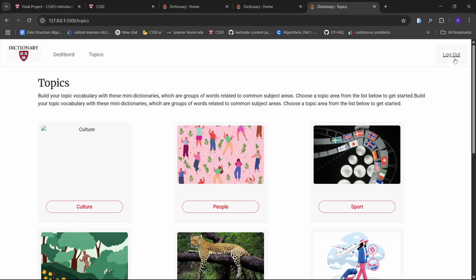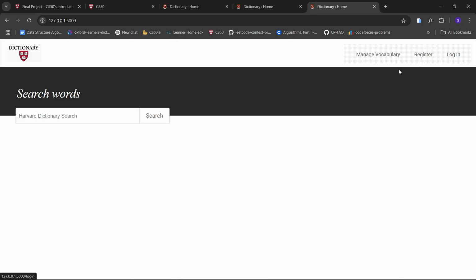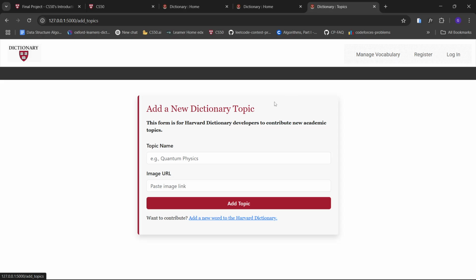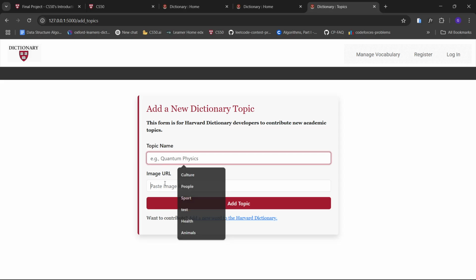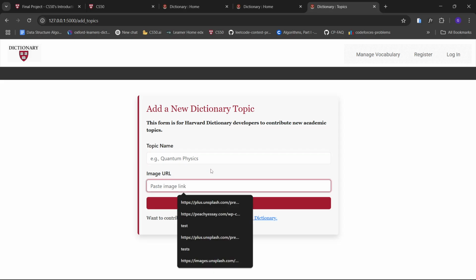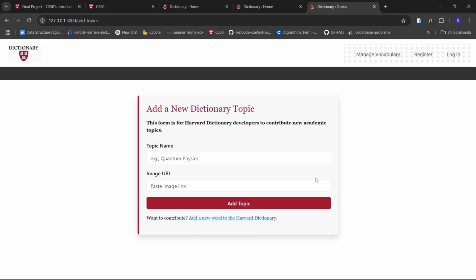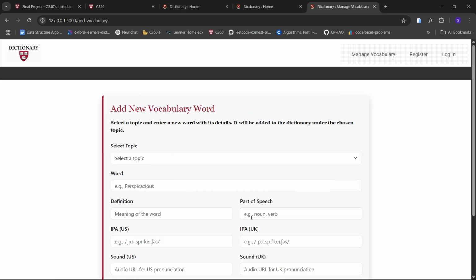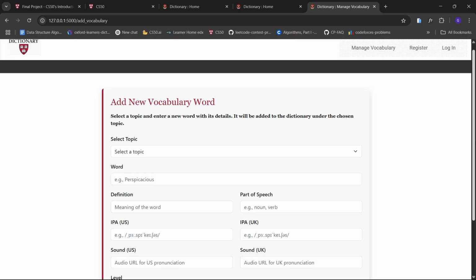And another feature is for developers. If a developer wants to add more information and more topics to develop the dictionary, they can add the topic name and a picture related to the topic. And also they can add information by selecting the topic.